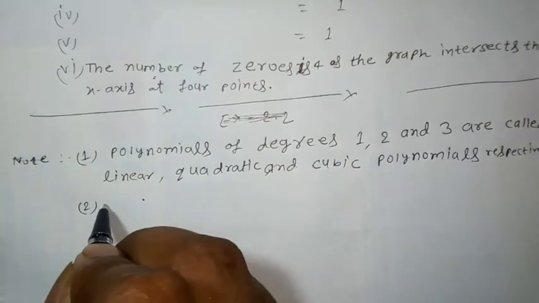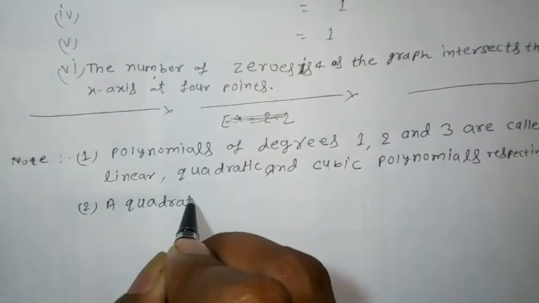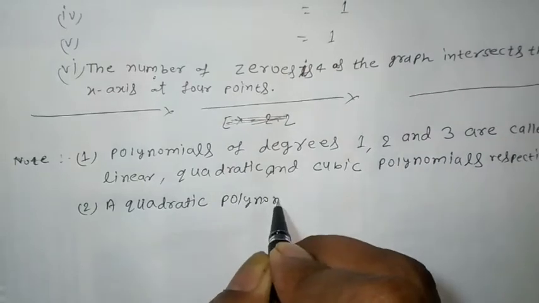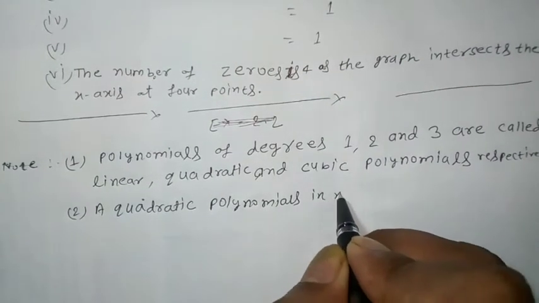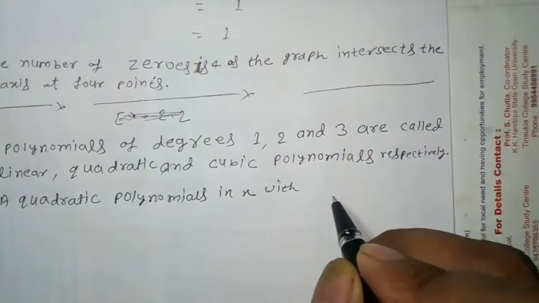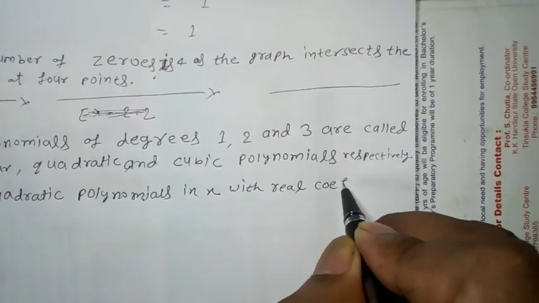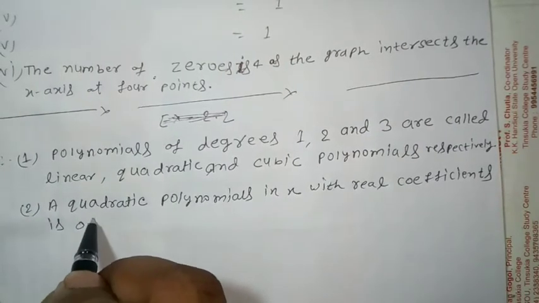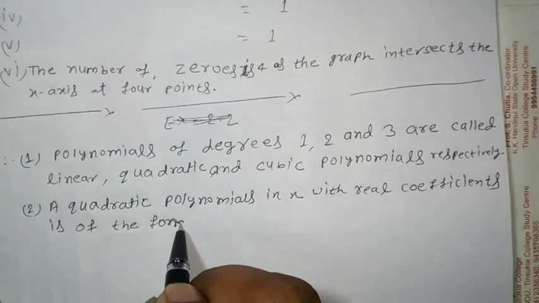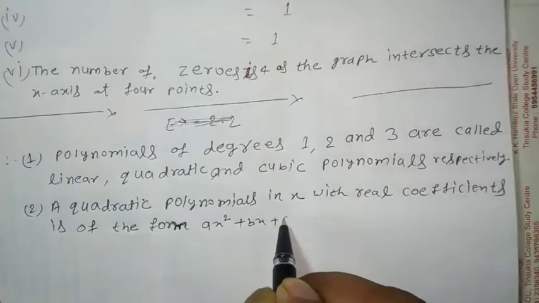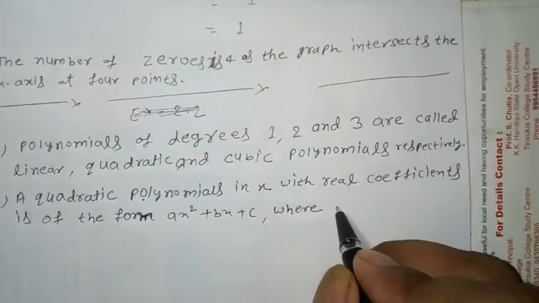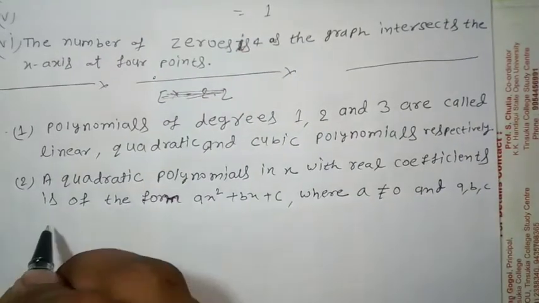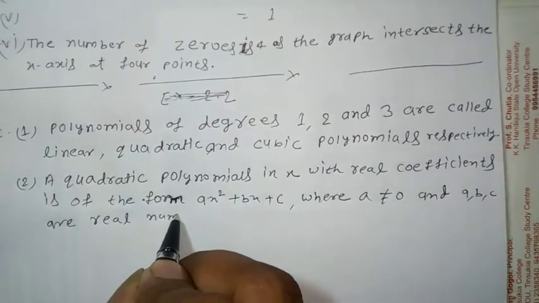So a quadratic polynomial in x with real coefficients is of the form ax square plus bx plus c, where a does not equal 0 and a, b, c are real numbers.